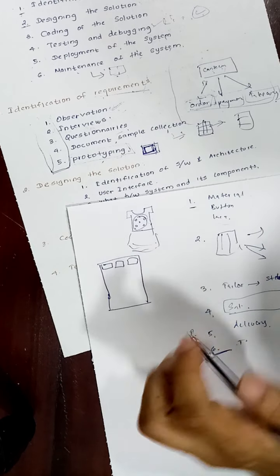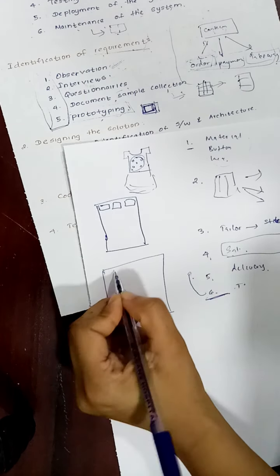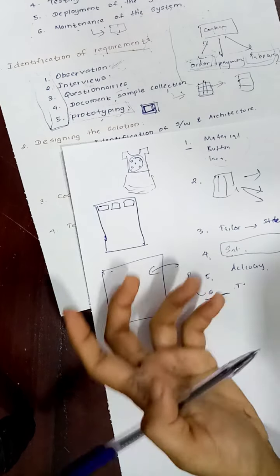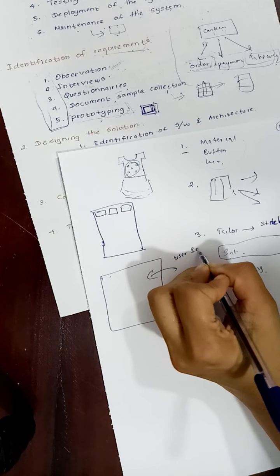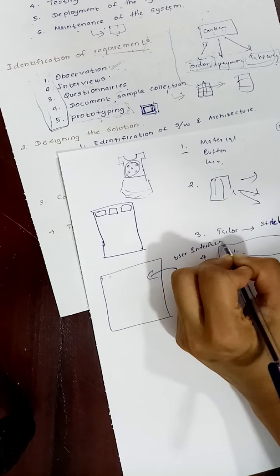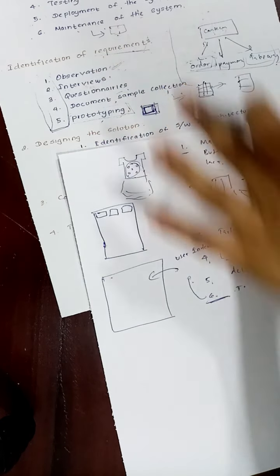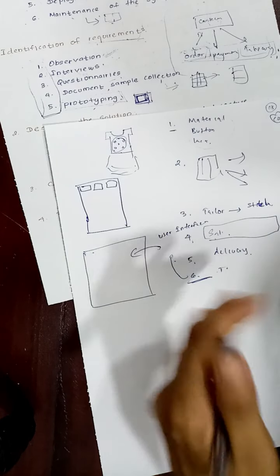So if you want to develop software, we want a front page. We call it a front page or user interface, where we can see things. So first the software developer wants to develop how this page should look.